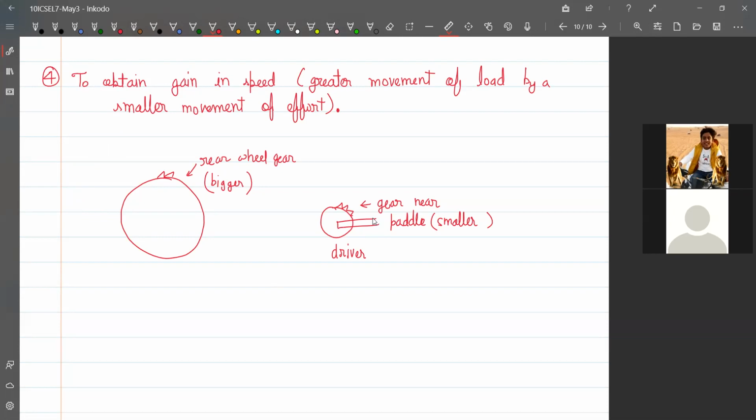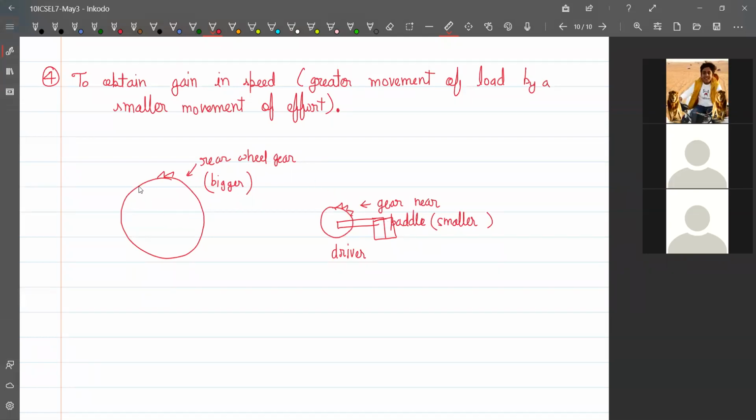You want to give lesser velocity to the driver gear or to the paddle, such that the rear wheel gear rotates by a larger amount. And that's what happens when you buy a bicycle which has multiple gears on it. As you increase the speed, you put on the smaller gears.